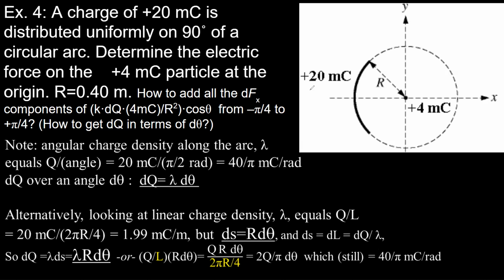Imagine each one of these again is an infinitesimally small point charge. This point x doesn't even have to be here. Let's say it's here. There's a force of attraction between these points, and then here it's also the same.